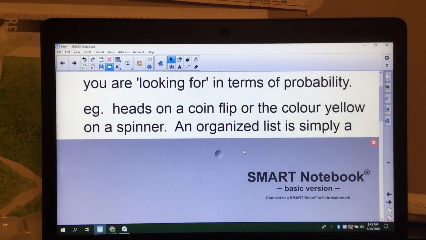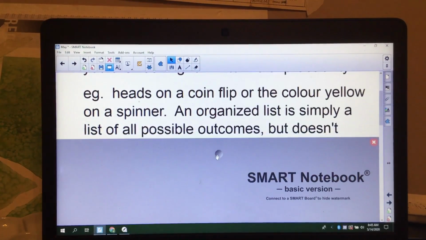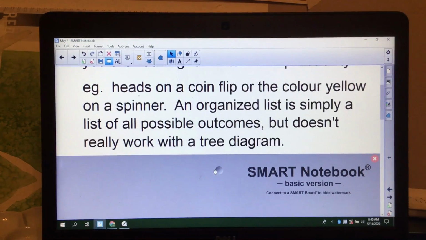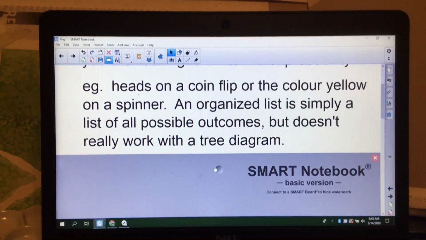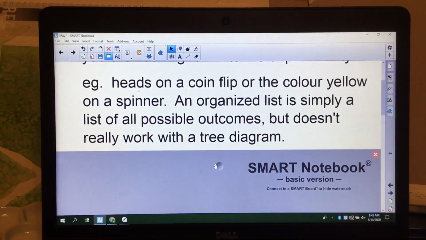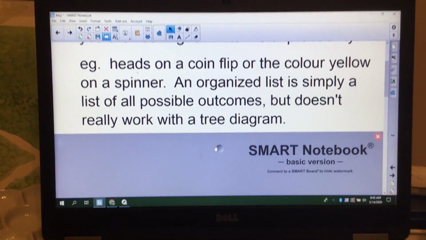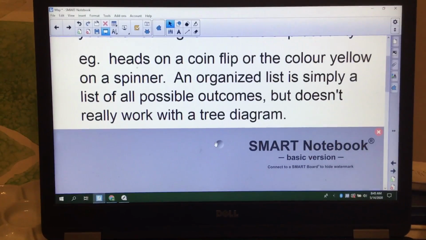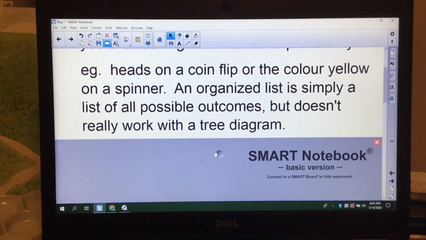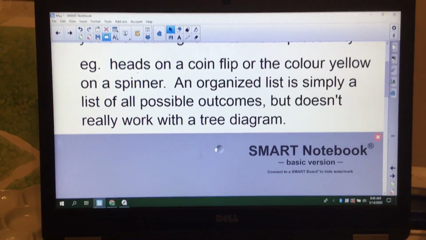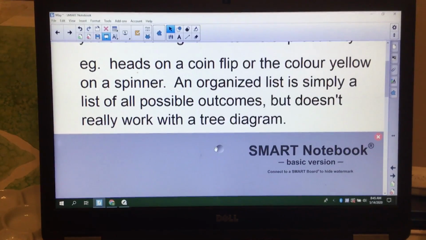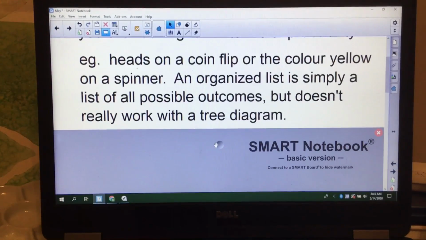So an organized list is simply a list of all the possible outcomes and things that don't really work with the tree diagram. Tree diagrams and organized lists are essentially the same, except you can't really do tree diagrams with the problems that you need to do with an organized list, if that makes sense.